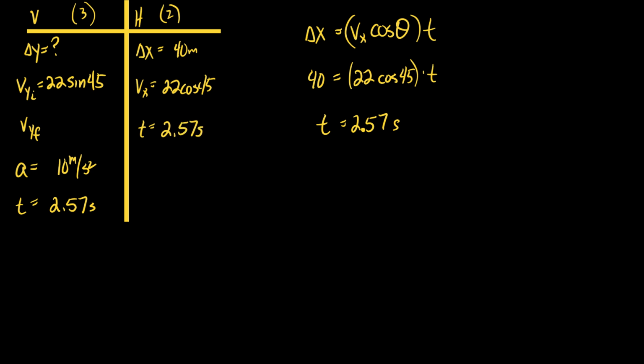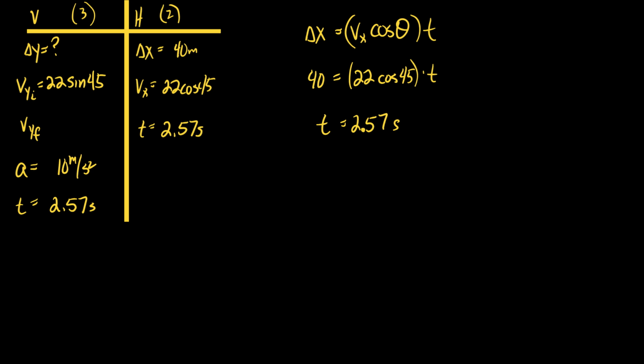All right, I would like to know how high the ball is when it's been in the air for 2.57 seconds. So delta y equals, wait, I missed a step, and I should make sure I always do all the steps. I never went through and decided the direction of my vectors, and that's an issue here. So would you like up to be positive or up to be negative?